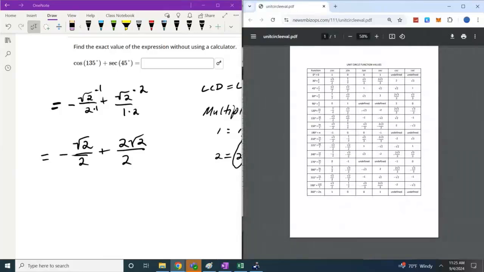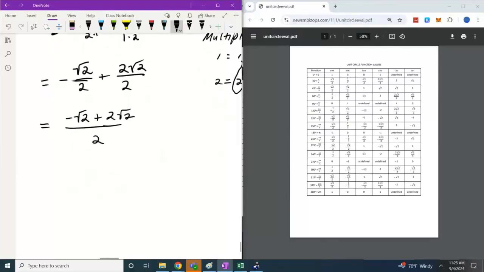Now that I have a common denominator, I'm going to keep my common denominator and combine the numerators. So now I'm going to simplify the numerator. What is negative square root of 2 plus 2 square root of 2?